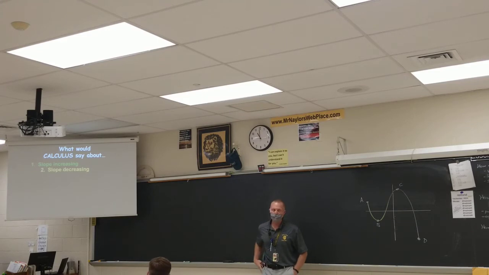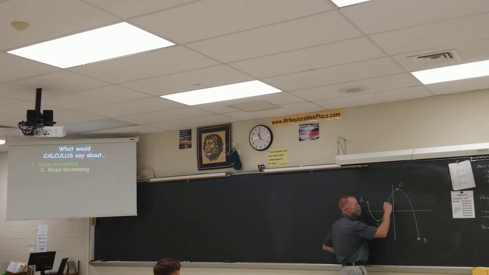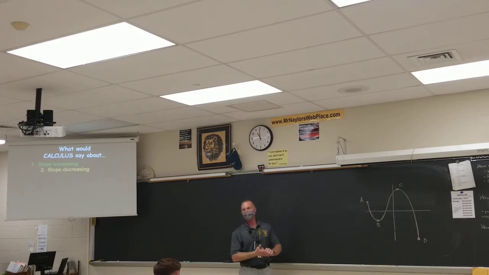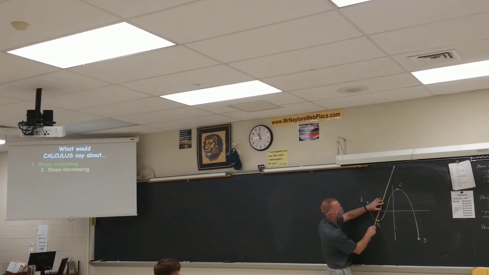How about where the slope is decreasing? The slope is decreasing. I'd like to propose to you that that's happening everywhere in this yellow interval. Now, maybe you're not surprised, but let's visually see what's happening in this yellow interval because the slope is very positive.